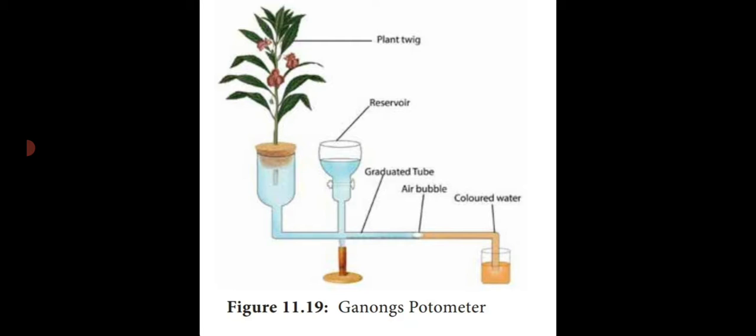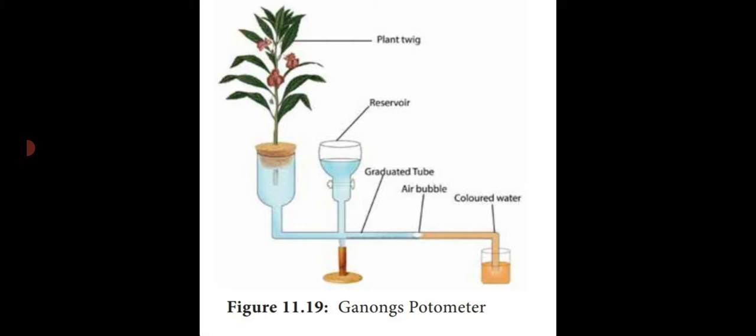It consists of a glass apparatus having an upward tube, a downward tube and a horizontal tube. The upward tube is fitted with a rubber cork, and through the cork we insert the balsam plant.